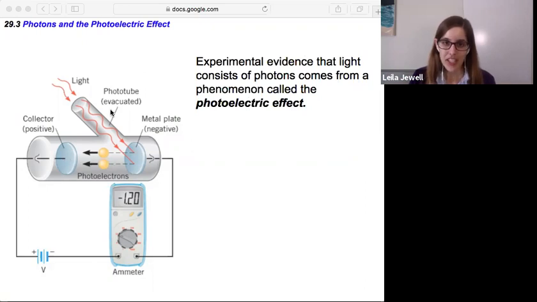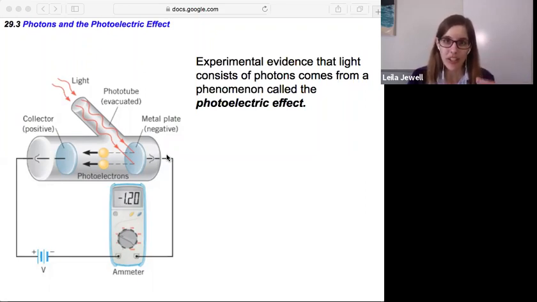But interestingly, it depended on the frequency of the light. Some light was able to eject the electrons at certain frequencies. As long as it was a high enough frequency, electrons got ejected. But if it was below a critical cutoff frequency, no electrons appeared, even if the light became super, super bright and super intense.